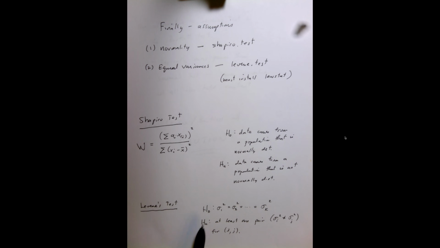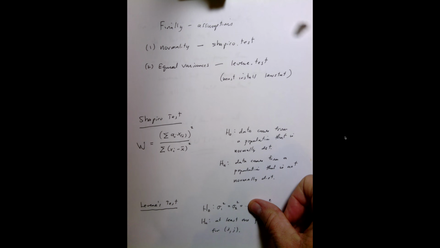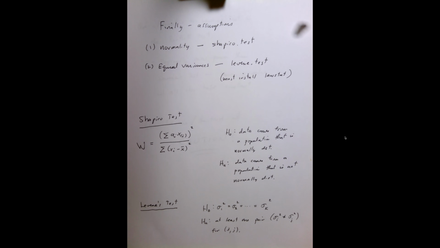Levene's test starts out with the assumption that the variances in the populations are equal. Now, in our case, we're going to stop at just 2, right? Because we have 2 populations. But we're going to move into the ANOVA family pretty soon, where we have more than 2. So in general, Levene's test can test the equality of k variances.